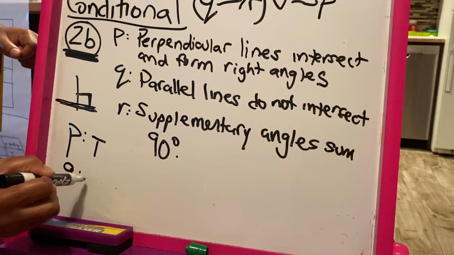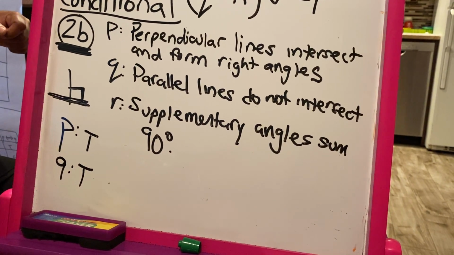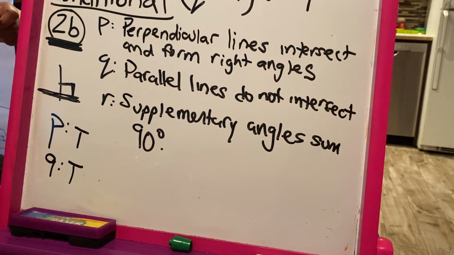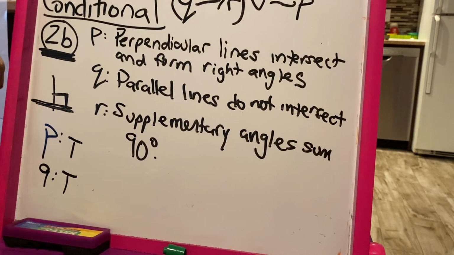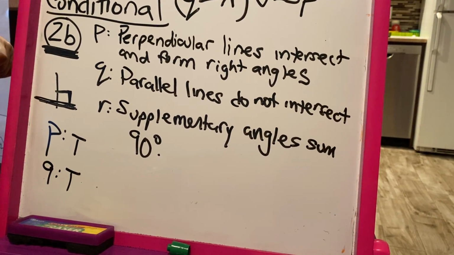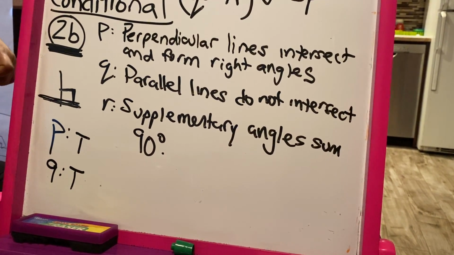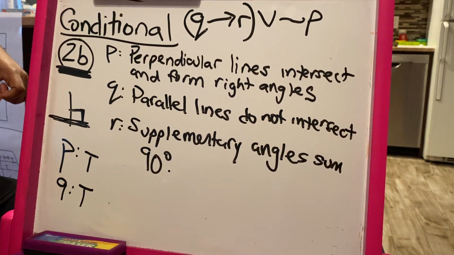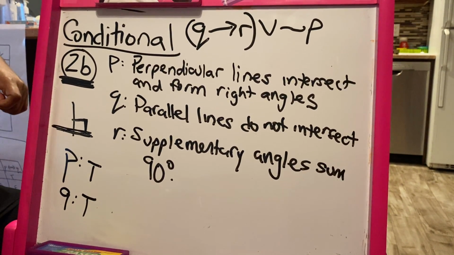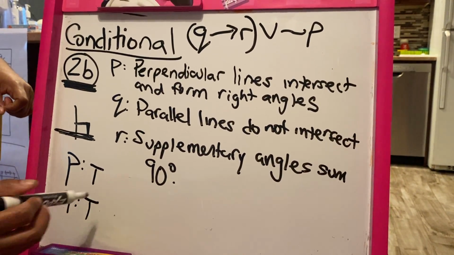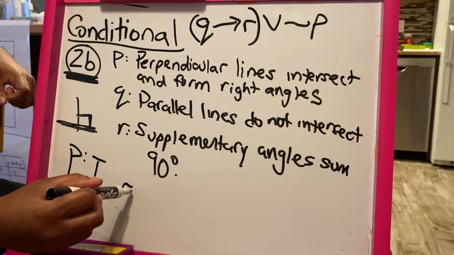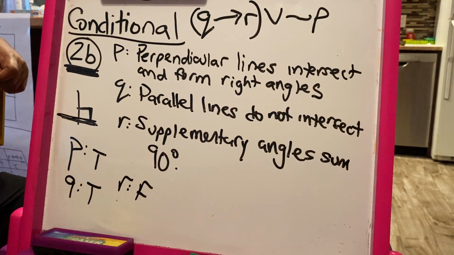Therefore, Q is true. Then supplementary angles sum is 90 degrees. If you guys took geometry last year, you would know that supplementary angles add up to 180 degrees. Therefore, the statement R is false.